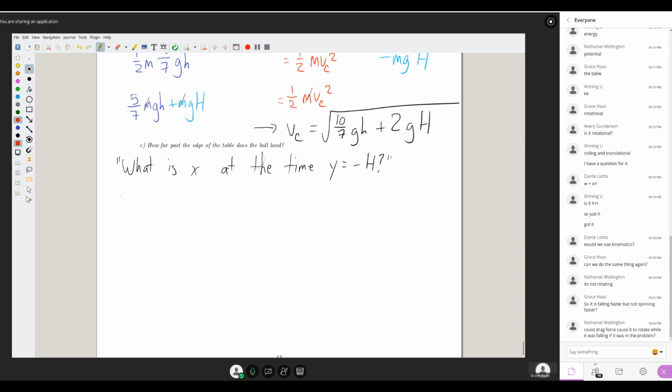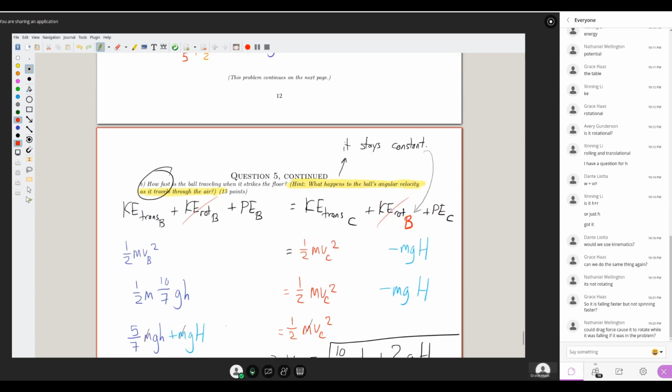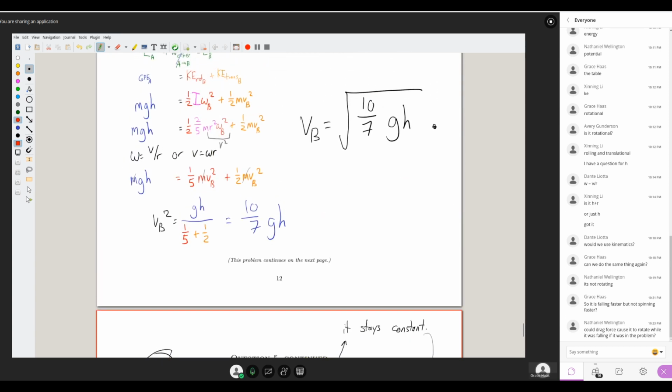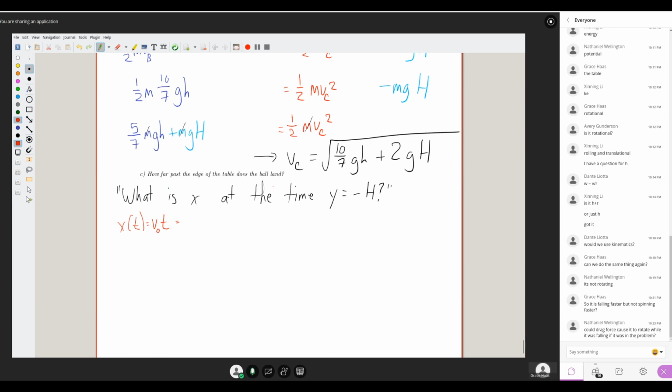I know x of t is just going to be v naught t, and the initial velocity is the one we found up here, the speed that it rolls off the table with. vb t, I'll plug in for that later. y of t is going to be simply minus 1/2 g t squared.